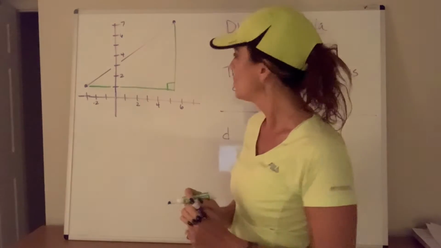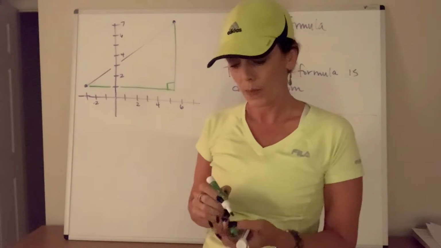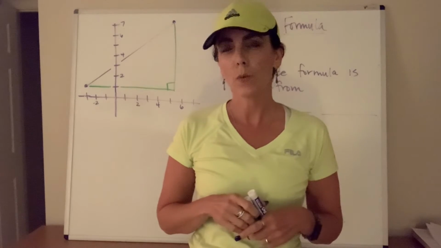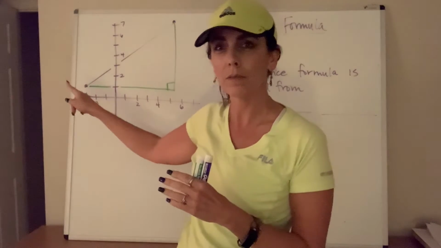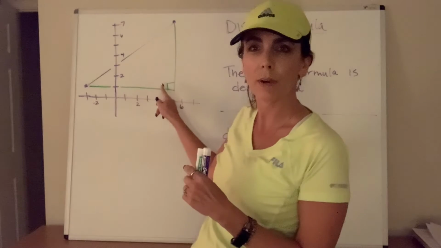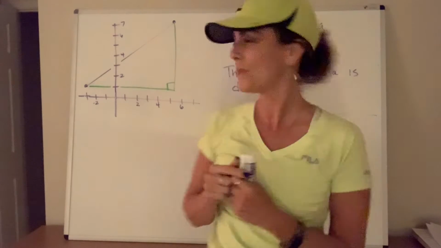All right, so knowing what we know about a right triangle, we would probably be able to find the length of this hypotenuse if we know the lengths of these two legs of the right triangle. Would you agree? Let's give it a shot.